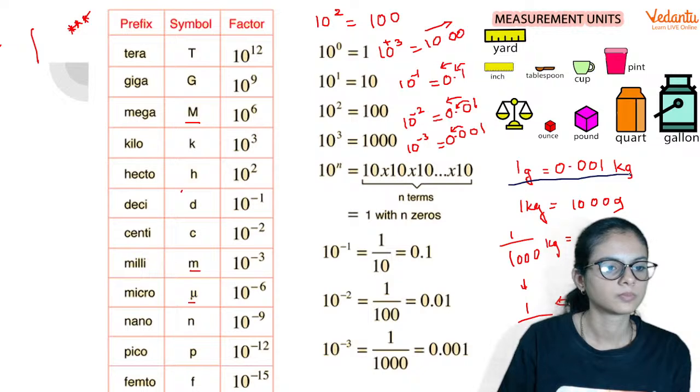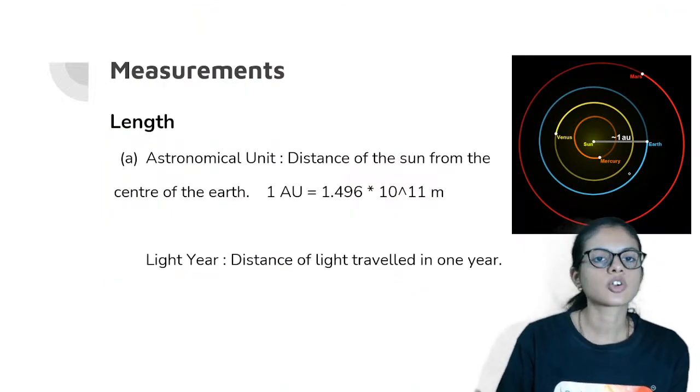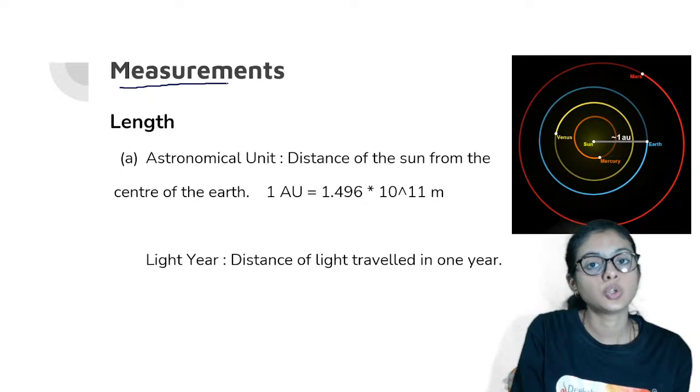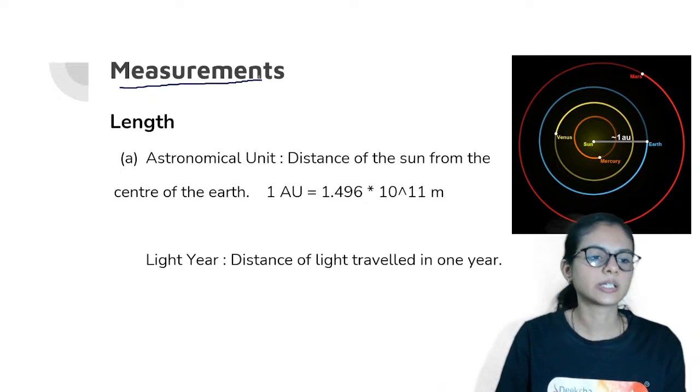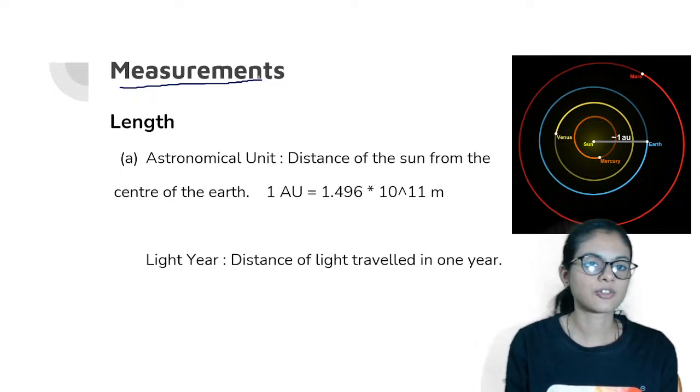Clear? Okay. Moving forward to the second concept, measurements. Okay, till now we were speaking about the units, standard SI units, right? But now we are entering the section of measurements.